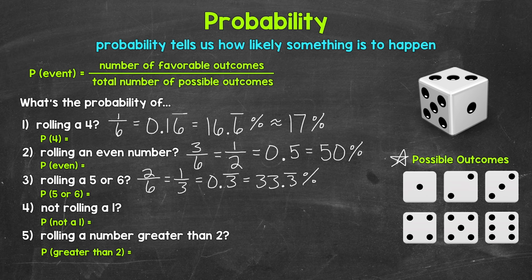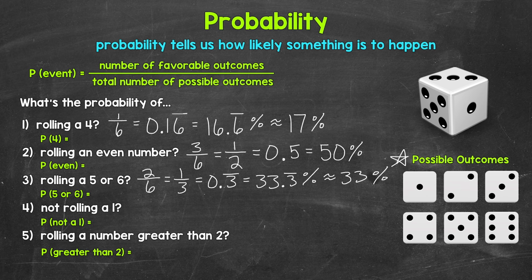Or we can round this to the nearest percent, which again is rounding to the ones place. We have a 3 in the ones place with a 3 to the right in the tenths. So this rounds to 33%. And that's the probability of rolling a 5 or 6.